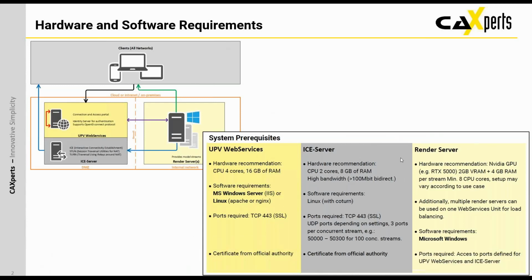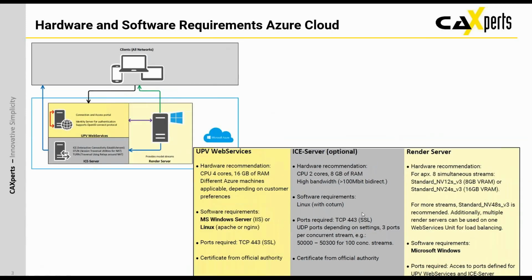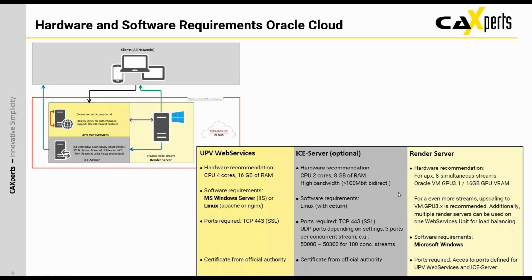For on-premise servers or for Microsoft Azure Cloud Server, also with recommendations of individual server versions and server offers from Azure that we would recommend for different usages, and the same thing for the Oracle Cloud. If you need more detailed information about this, feel free to contact us.